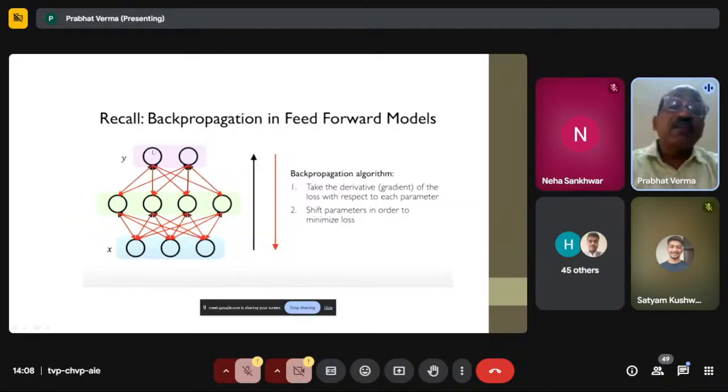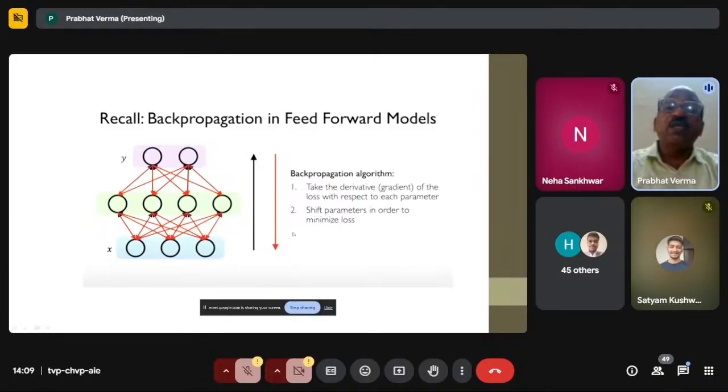That error should be corrected through correction in the weights, so we backpropagate this error and assign the error correction to each weight, so that the weights are corrected and our model becomes nearer to perfection. So it is an iterative process which carries on.